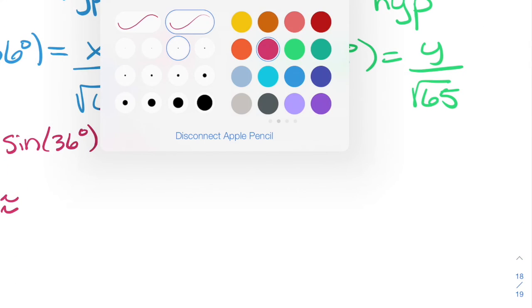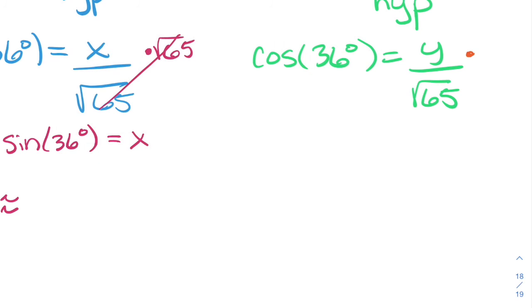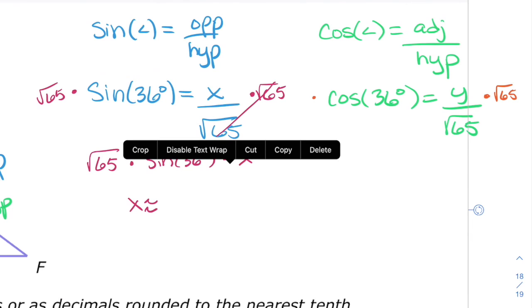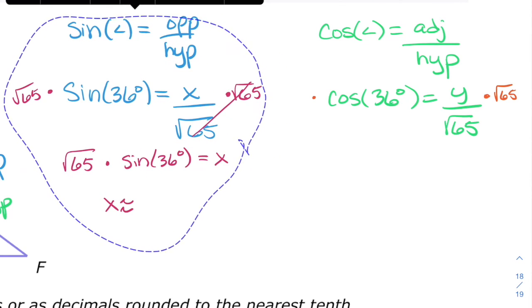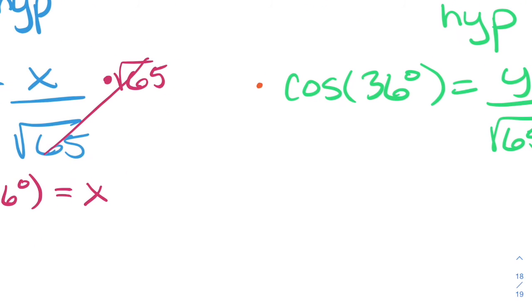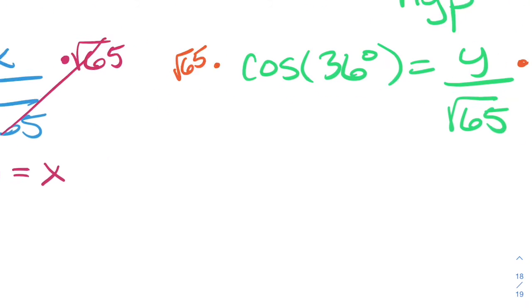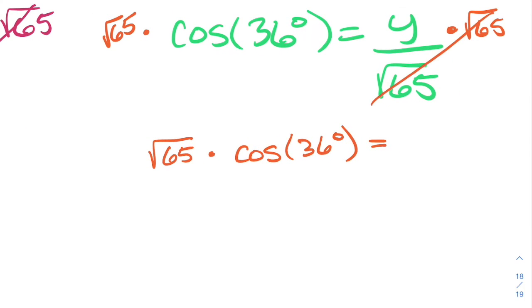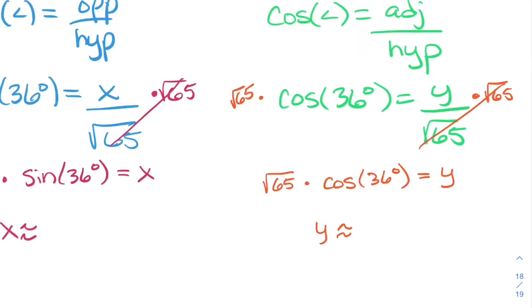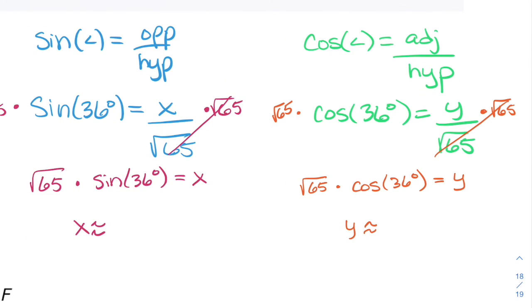But let's do this one as well. Times the square root of 65, so we get the square root of 65 times cosine of 36 degrees equals y. So y approximately equals, and we're going to do both of these in our calculator.